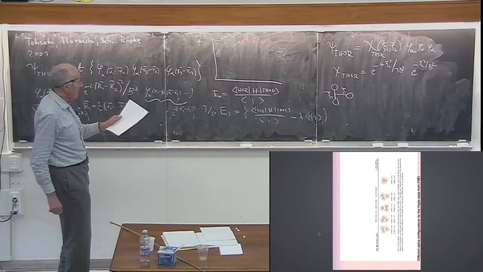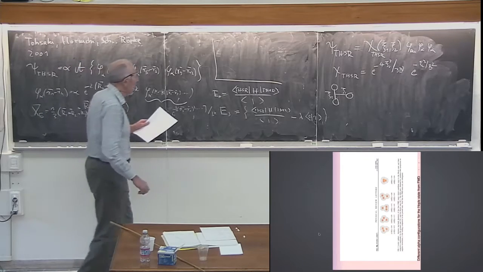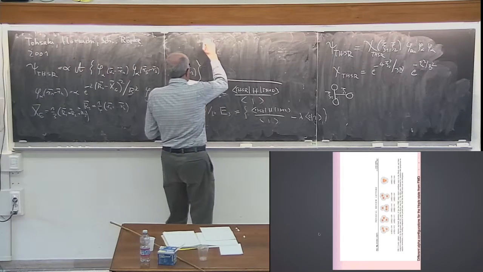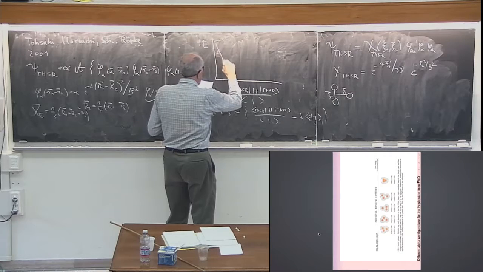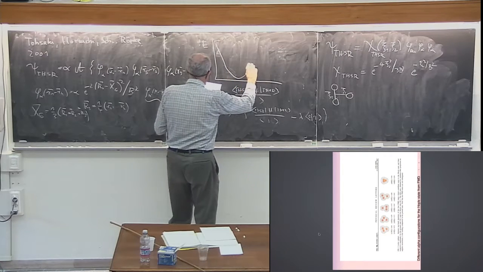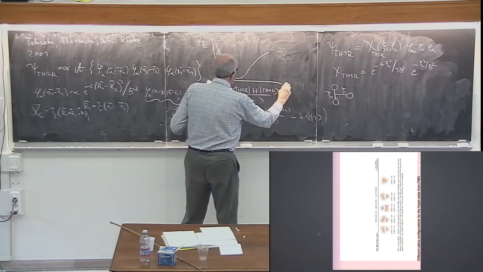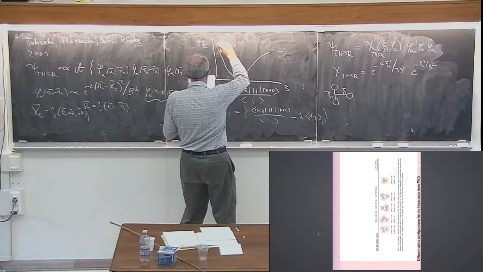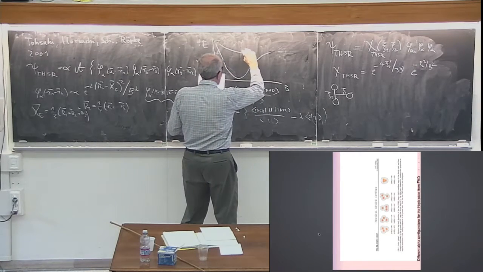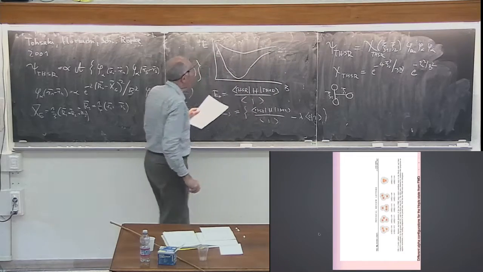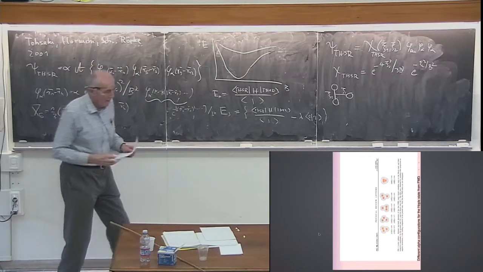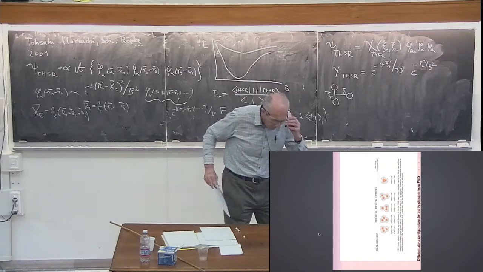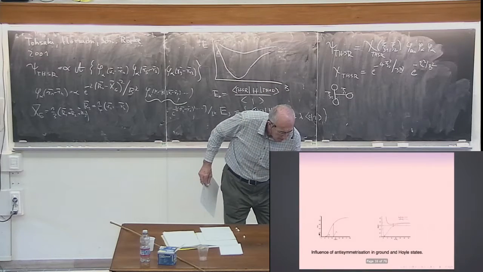So in this way you can calculate two energies. One is the ground state, which has a minimum somewhere as a function of the B parameter. I have a picture somewhere here.